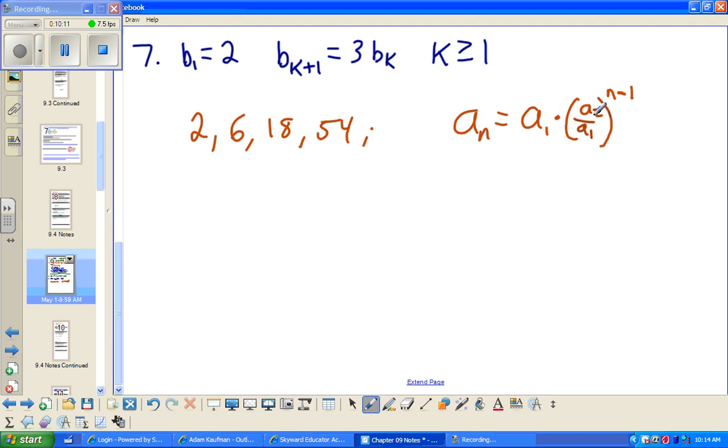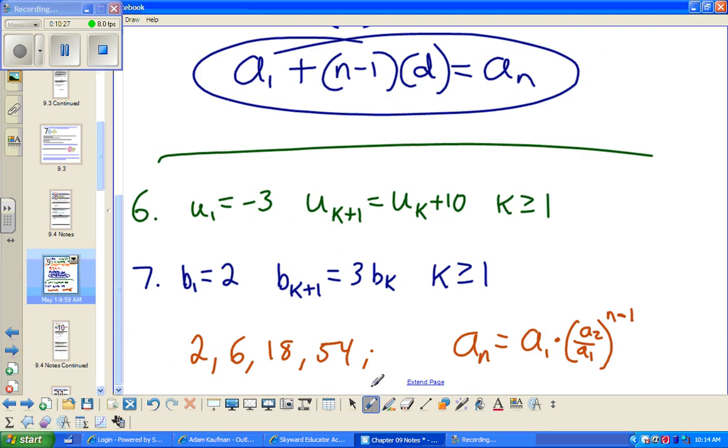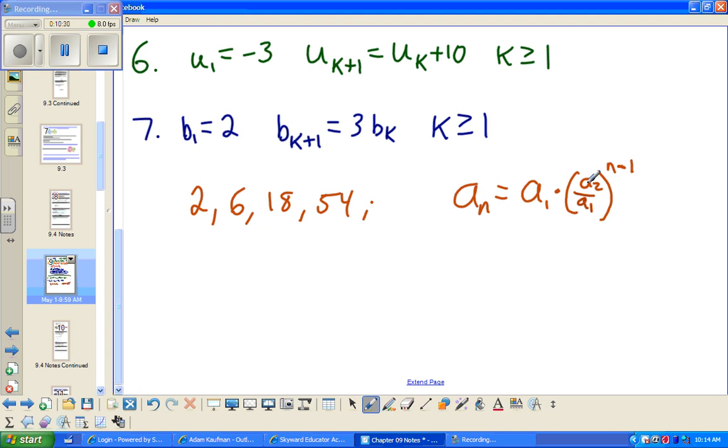Now that a sub 2 divided by a sub 1 should be the same as the common ratio that we were just talking about that's involved with the geometric sequence. So if you know that common ratio, that's the number that is a sub 2 divided by a sub 1.